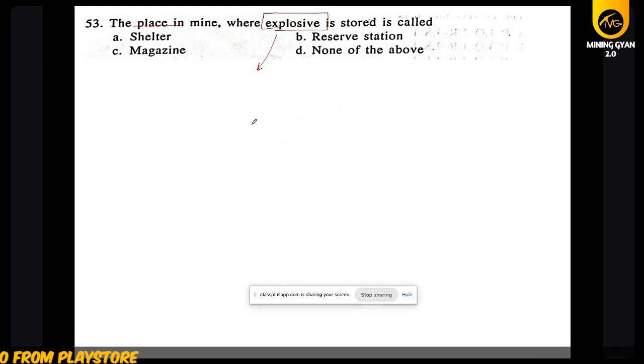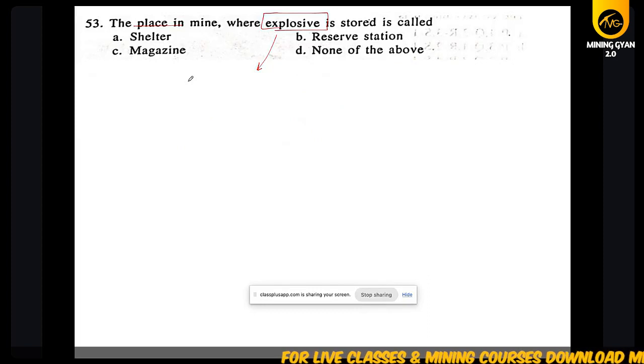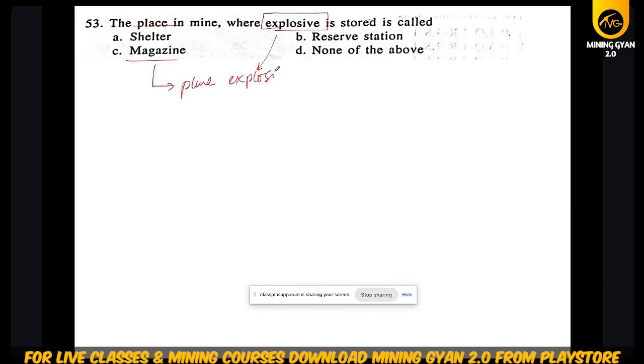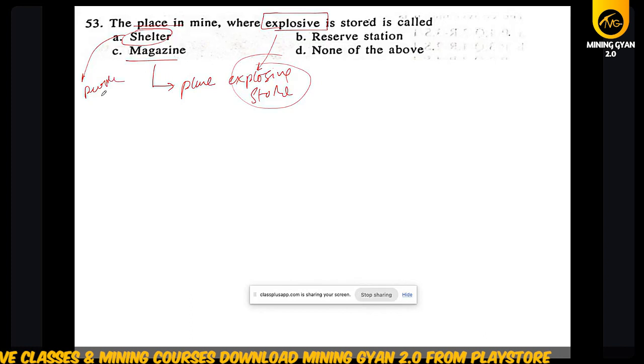You should know the basic definitions. What is a shelter? What is a reserve station? What is a magazine? In the magazine we place explosive, this is the explosive store. And a shelter is where people take rest.